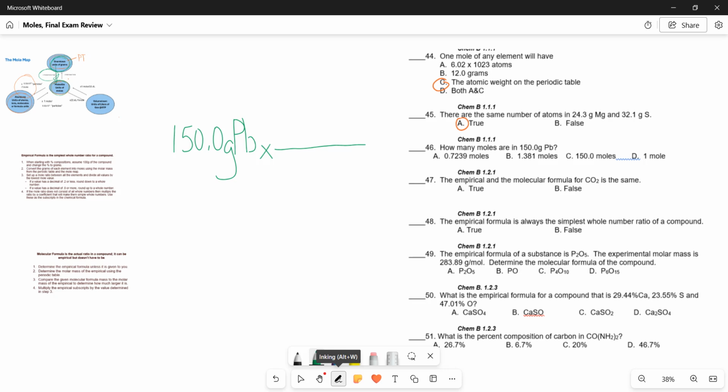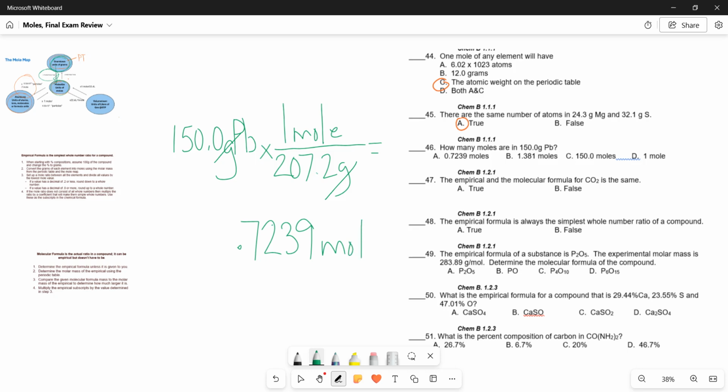If I look up lead on the periodic table, it has a molar mass of 207.2 grams for every 1 mole. Notice that the grams are on opposite sides. When I multiply and divide here, I am going to get 0.7239 moles. The reason I went that far out is that the beginning substance given to me has 4 sig figs, so I am looking for 4 sig figs in an answer, and that's where I'm going to assess my students. So the answer for 46 is going to be A.